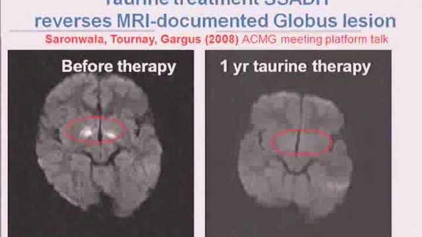This was a child sent to me for evaluation because they thought he had mitochondrial disease because of these signature findings in the midbrain and the characteristic phenotype of severe delays and ataxia and seizures. In working the child up, we were able to identify that he had a very rare genetic lesion called SSADH.